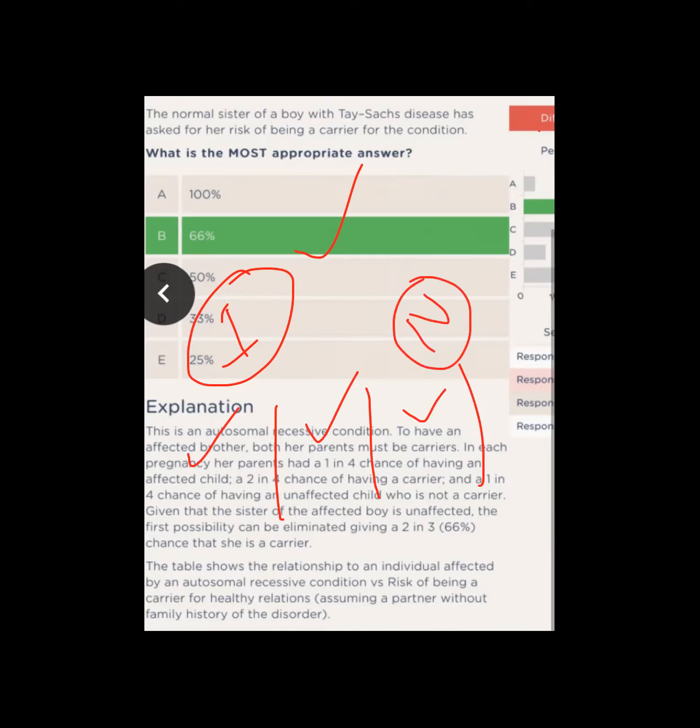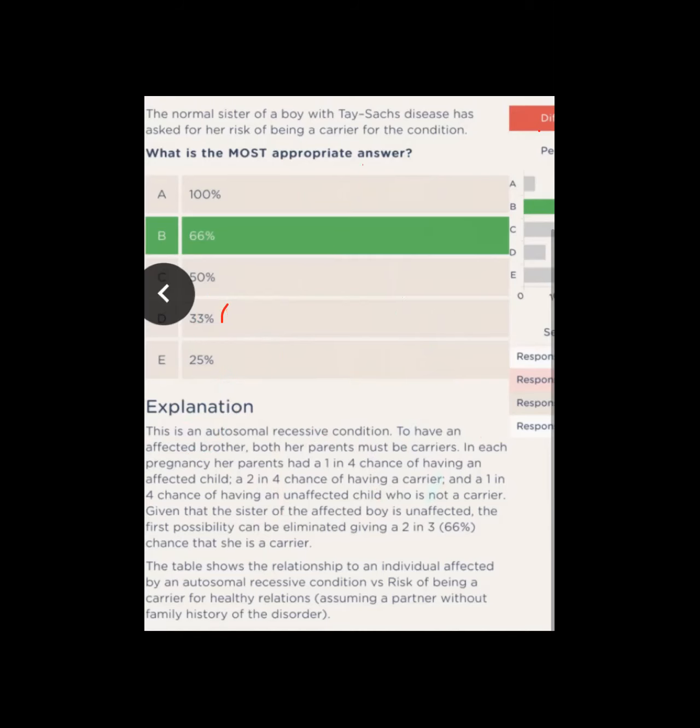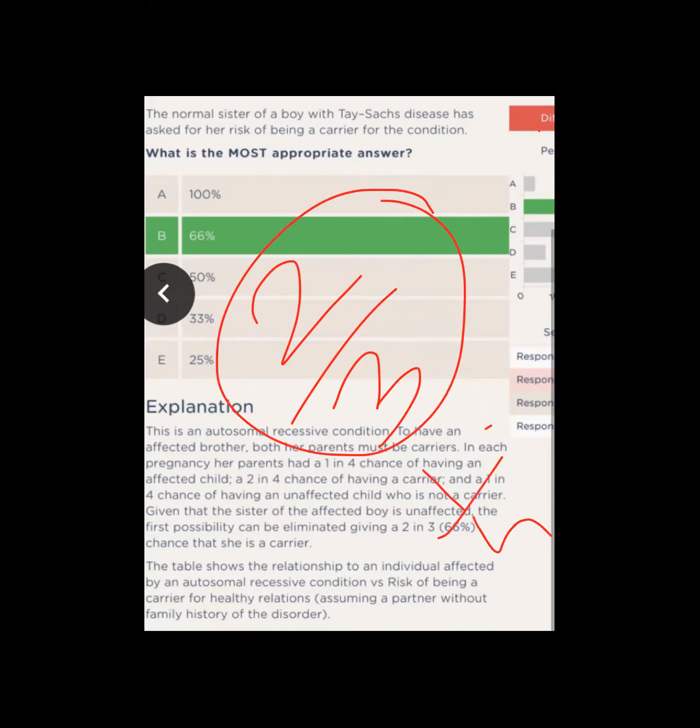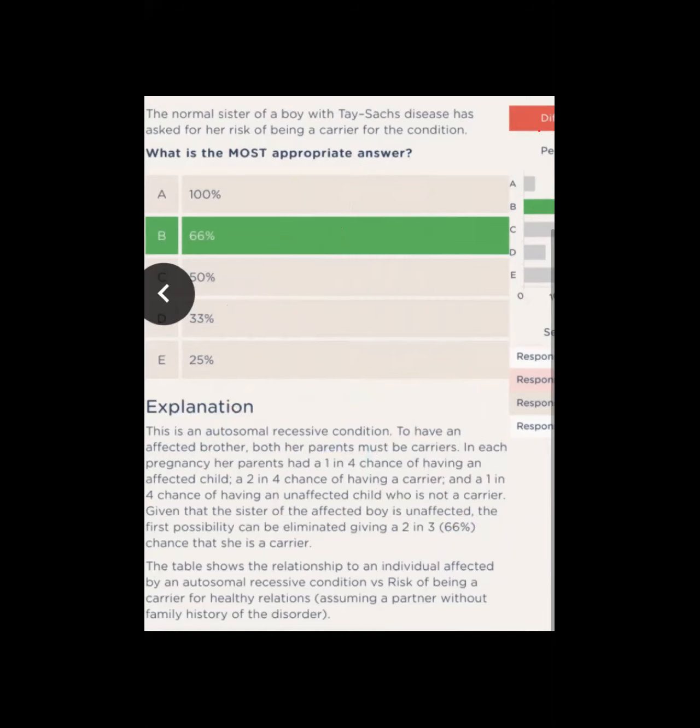So the chance of being a carrier is 2/3, because we discard the affected portion, 1/4. This is how we calculate the genetic risk of an autosomal recessive condition when a brother or sister is affected.